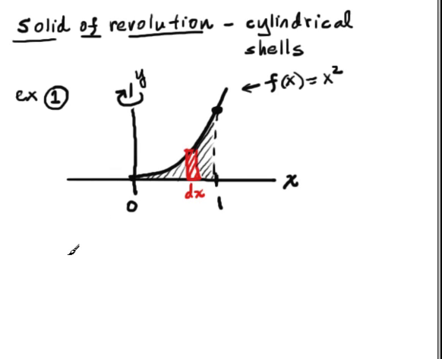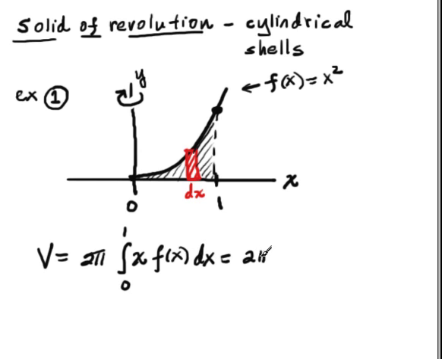All right, let's write down our formula for the volume. The volume is equal to 2 pi times the integral from 0 to 1 of x f of x dx. So in our case, that's x times f of x, and x times x squared is x cubed.